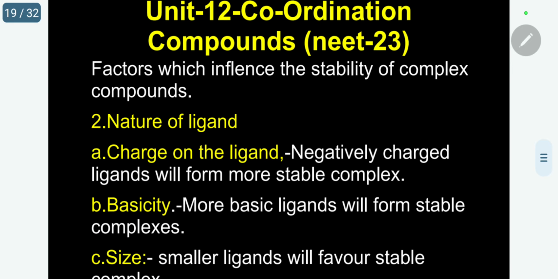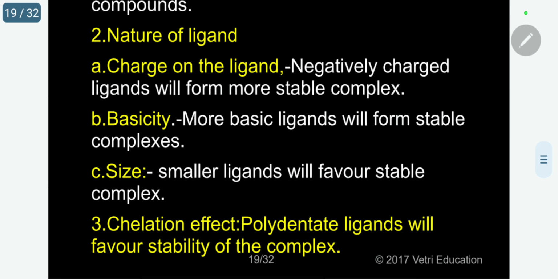Number 2, factors which influence the stability of the complex ion: the nature of the ligand. A, charge on the ligand: negatively charged ligands will form more stable complexes. Basicity: more basic ligands will form stable complexes. Size: smaller ligands will favor stable complexes.